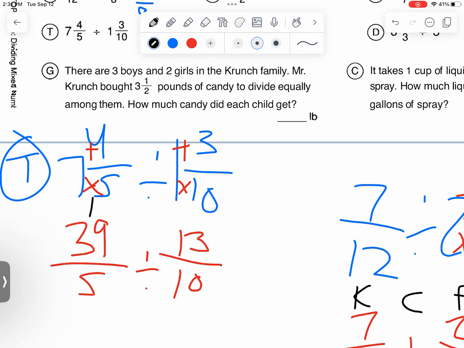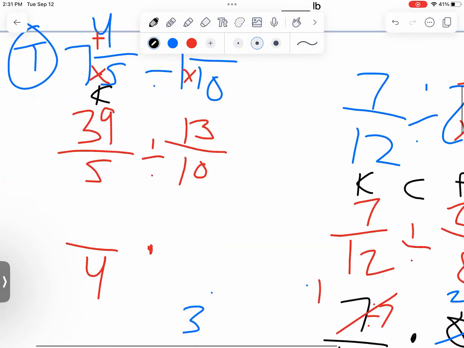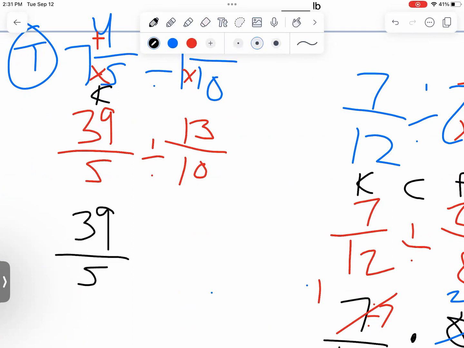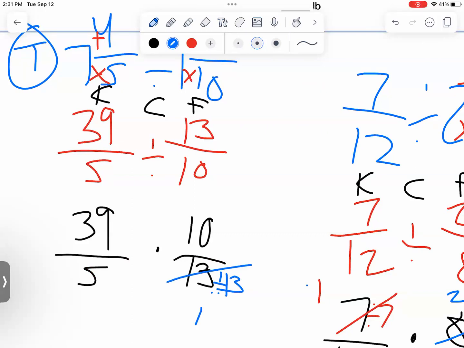Now we're ready to keep change flip. Keep 39/5. We change division to multiplication. And then we flip or take the reciprocal of the second fraction. Hopefully you recognize this one from the other day. 13 does go into 39, so you can go ahead and reduce this.